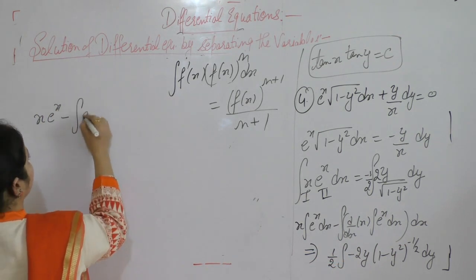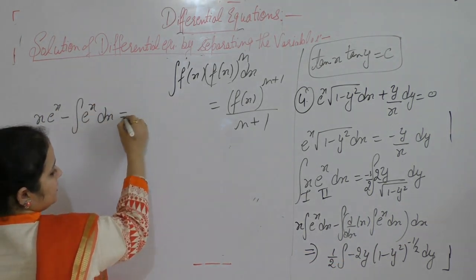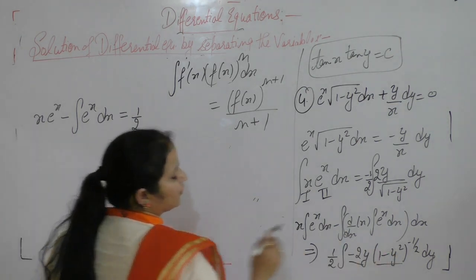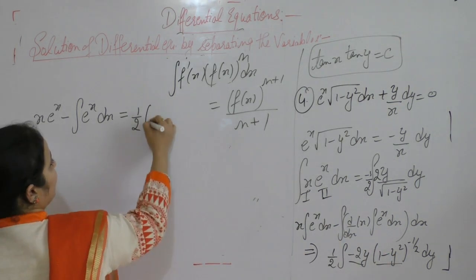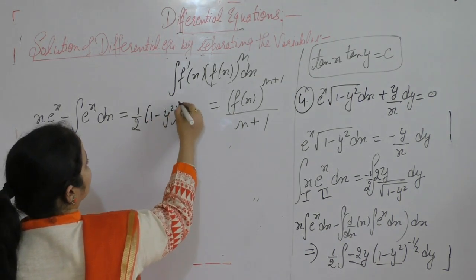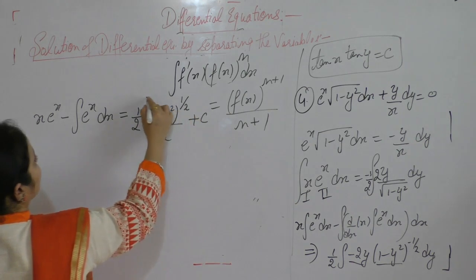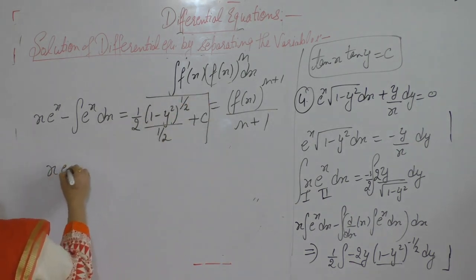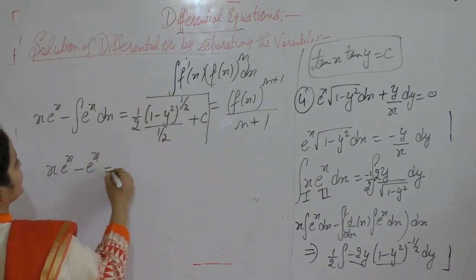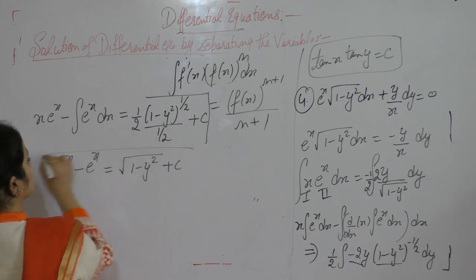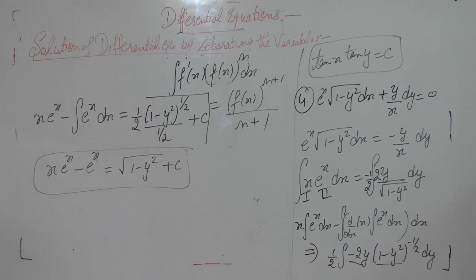So integral of e^x dx. Minus 1 by 2, this is f dash x and f of x power n. So f of x power n plus 1, minus half plus 1 is 1 by 2, plus c. x e^x minus e^x is equals to square root of (1 minus y square) plus c.